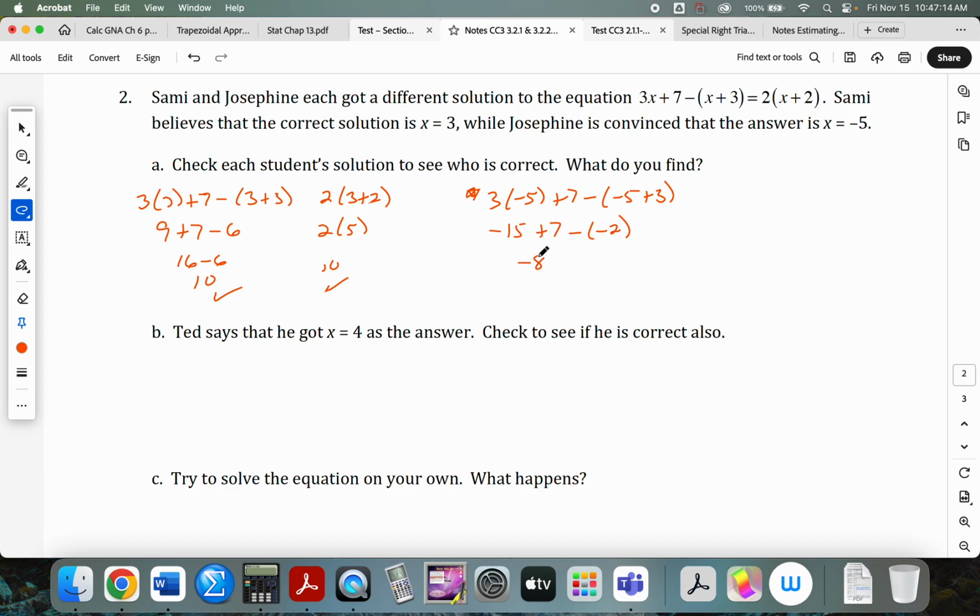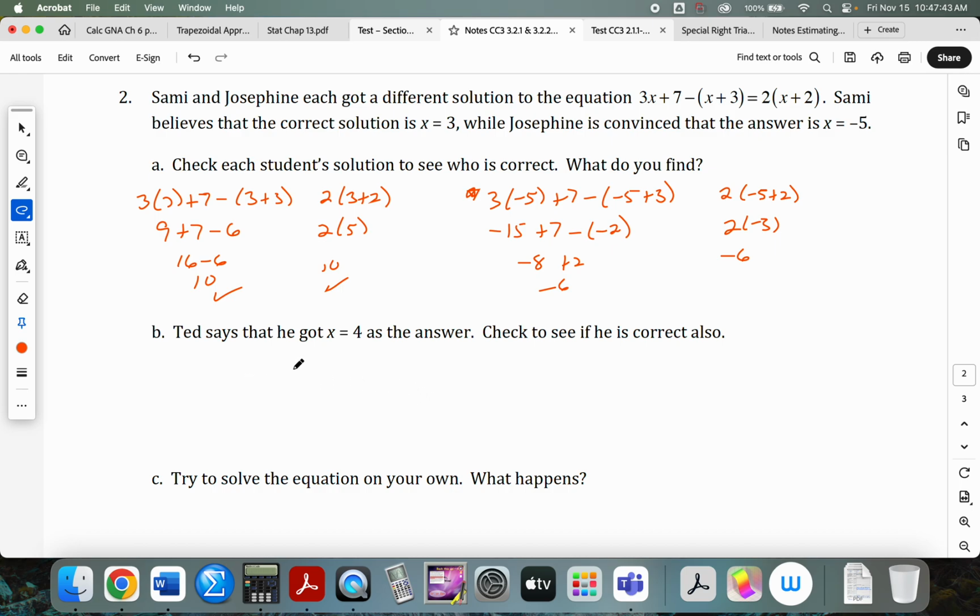This is negative 8, and minus a negative 2 is the same thing as plus 2, very good. So that's negative 6. On the right side, we get 2 times negative 5 plus 2. That's 2 times negative 3 is negative 6. What the heck? They're both right. We're going to skip part B just because we're a little short on time today.